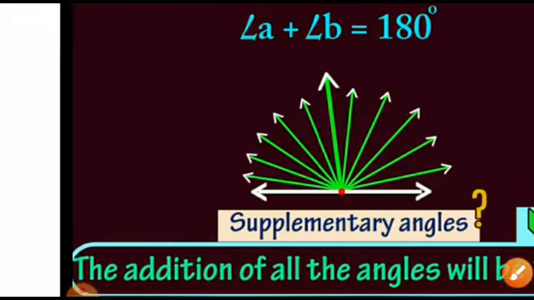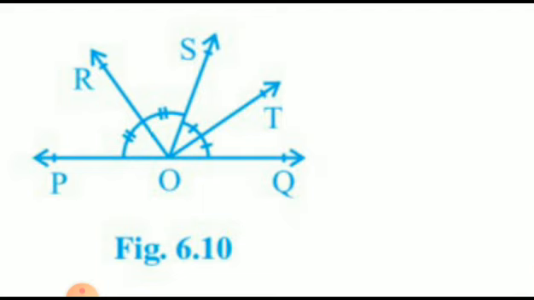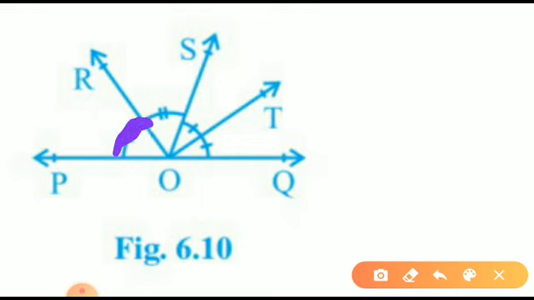Is that clear? Now see here, this is your angle, suppose POR. Can you tell which will be my linear pair for POR? Linear pair means what?